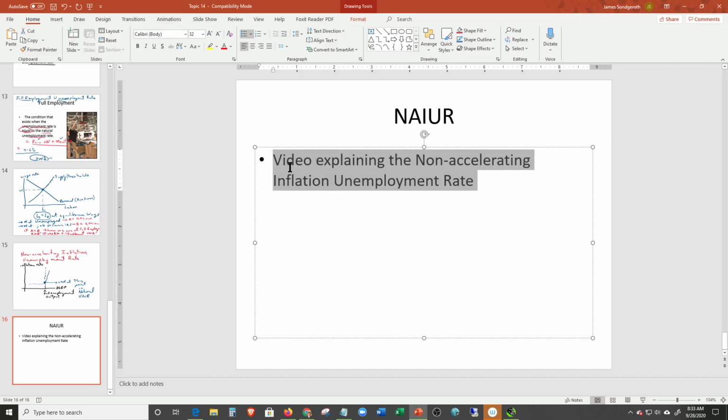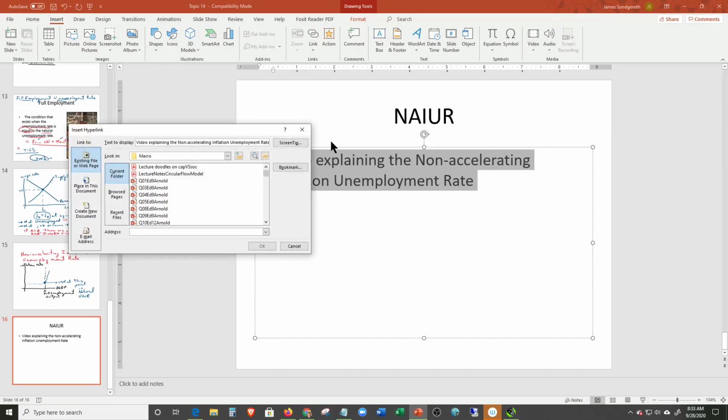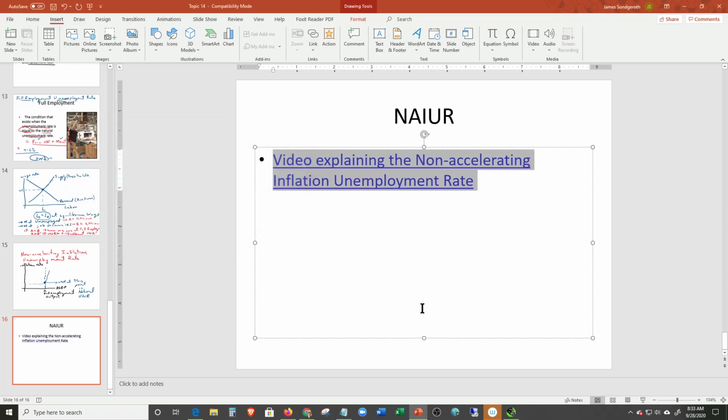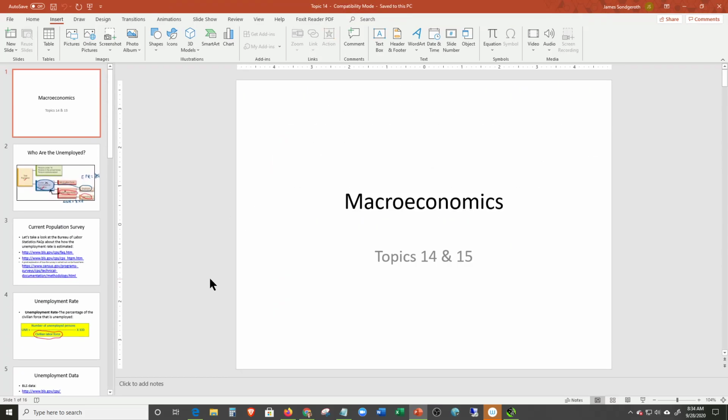And you know what? Let's just make the link right here. I'll add this to this. Here we go. And the address is right there. Okay. And I'll save this. Whoops. Oh, I shouldn't have saved it. I should have given it a different name. Oh well.